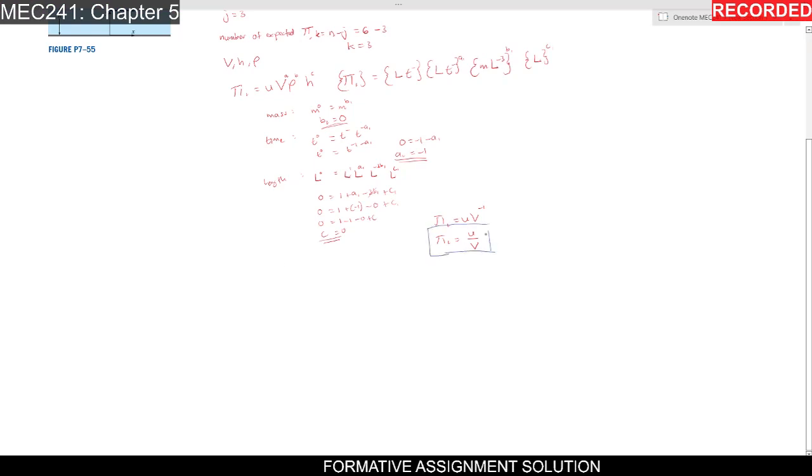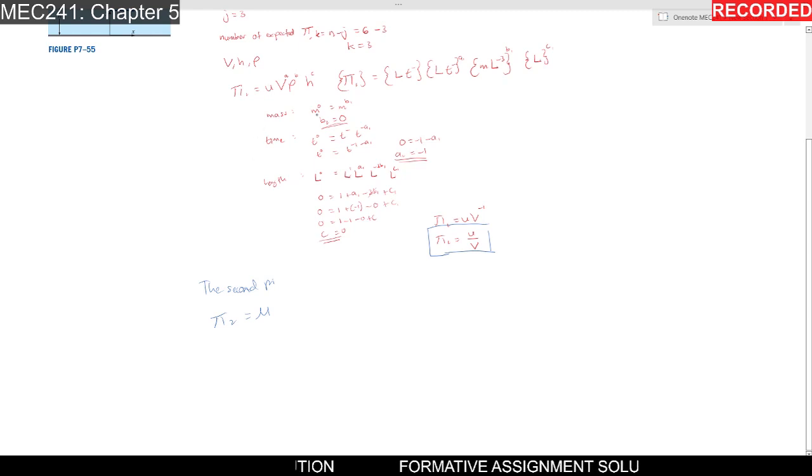Pi 1 is u over v. So for the second pi, pi 2, we use the density and viscosity mu to substitute into this.